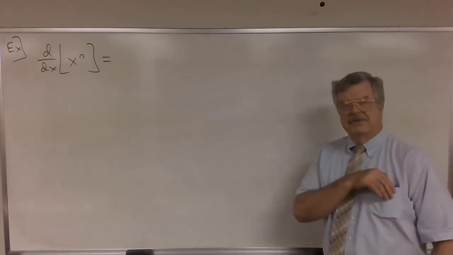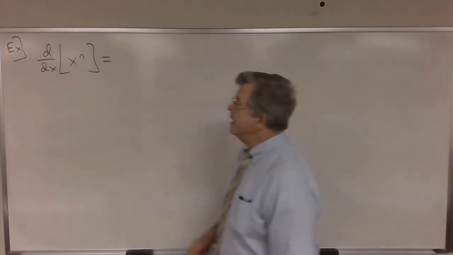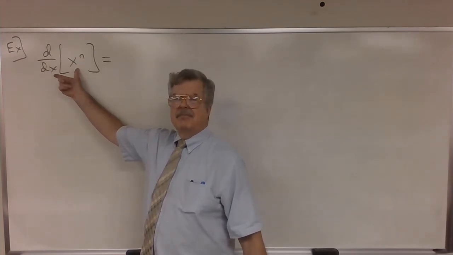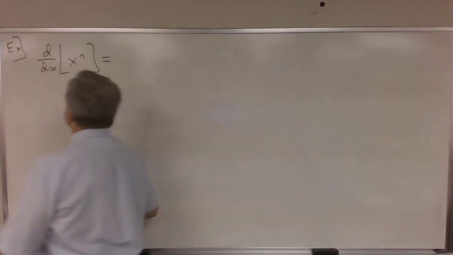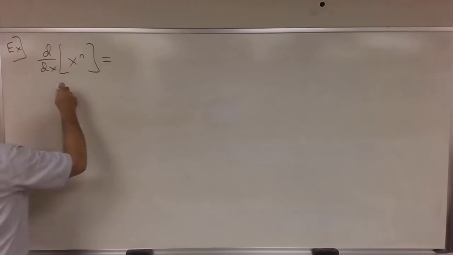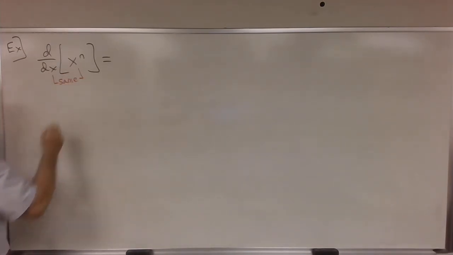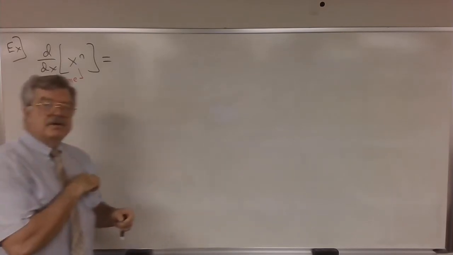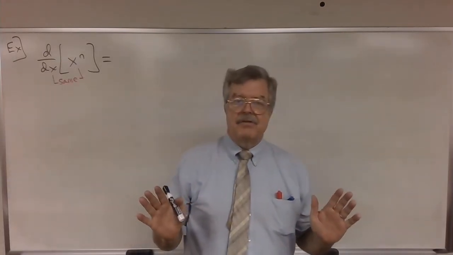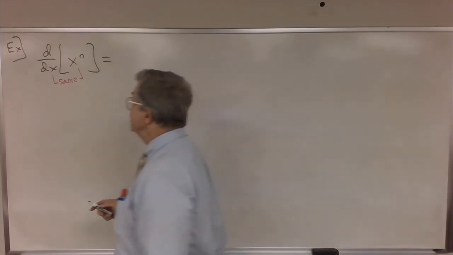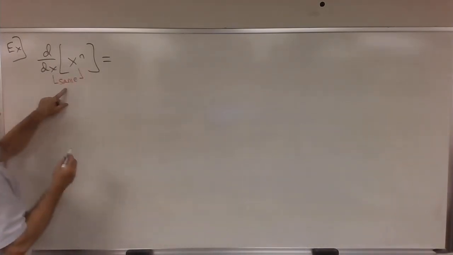Okay, let's work through these. And this is the kind of thing we've been looking at for a couple of weeks now. The variables are the same. So we look at x as nothing more than a variable. That's all it is. So there's no need to use the chain rule here.